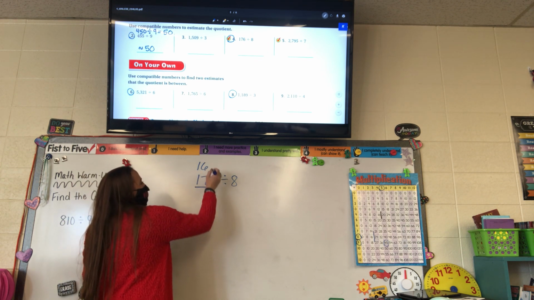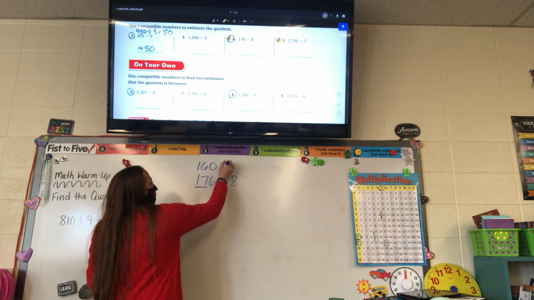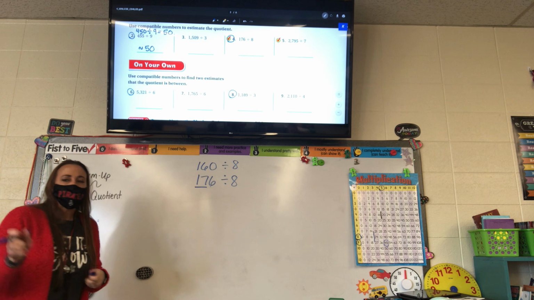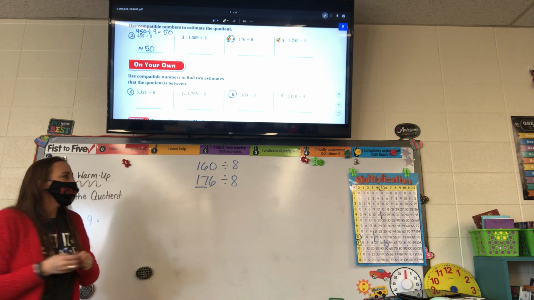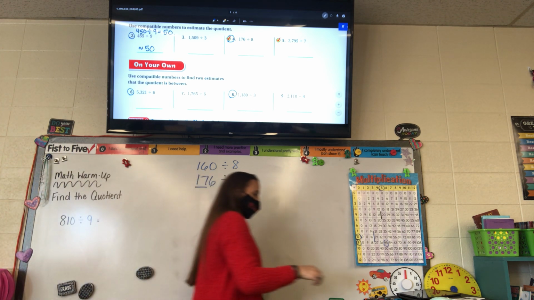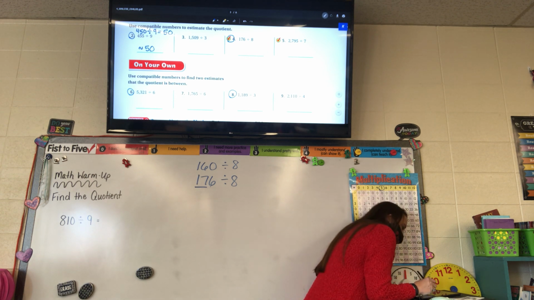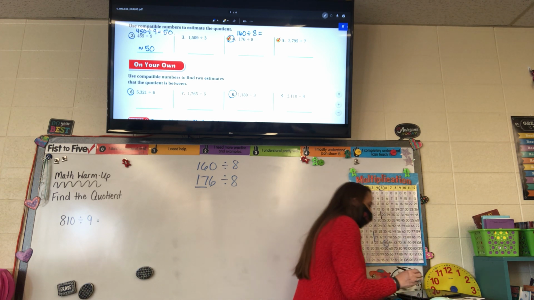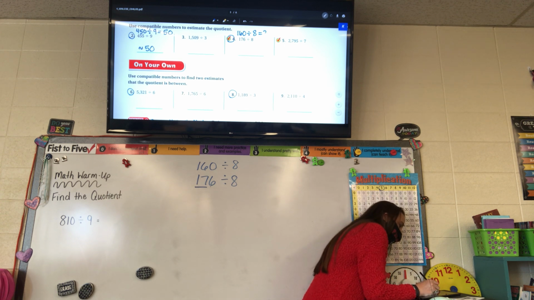The 6 turns into a 0. So we are turning the problem 176 divided by 8 into 160 divided by 8. So up here I'm going to write 160 divided by 8. 16 divided by 8 is 2. How many zeros do we bring over? 1. So 176 divided by 8 is about 20.